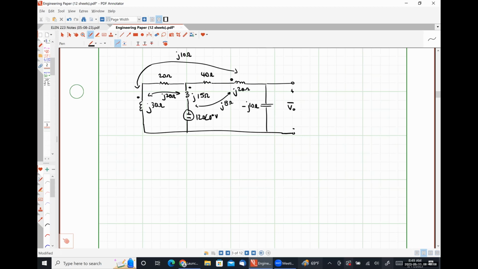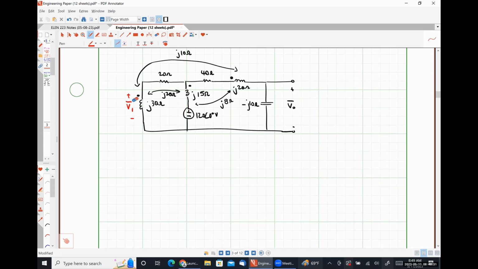You guys tell me polarities. Okay. So what should the polarity be for the J30? Positive on top or positive on bottom? Okay. So let's call that V1. What about for the J15 ohm one? Positive on top or bottom? Entirely arbitrary.